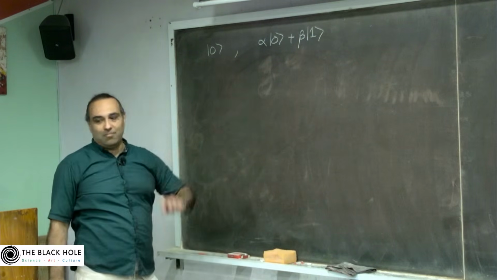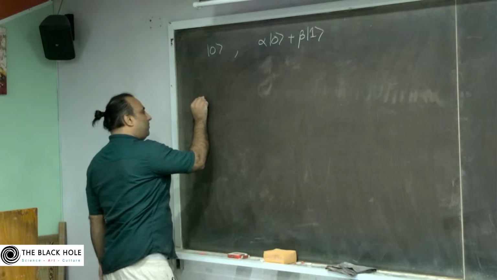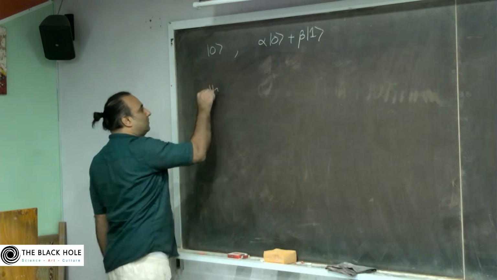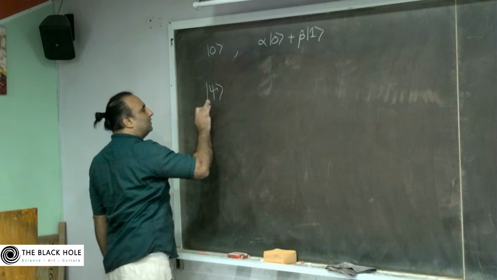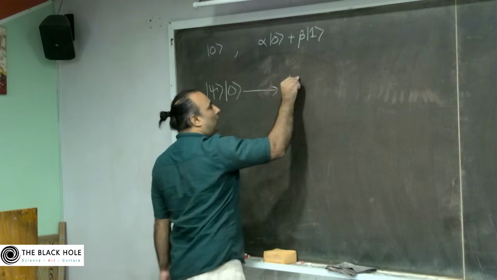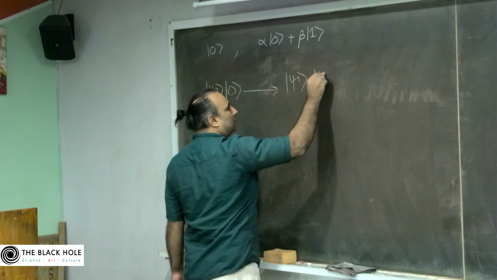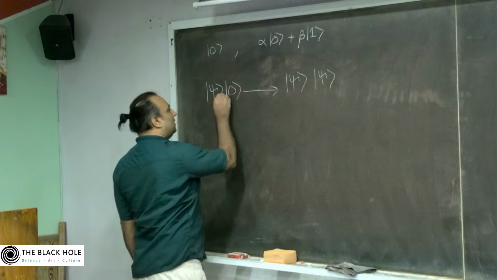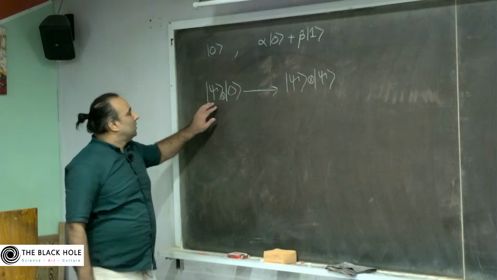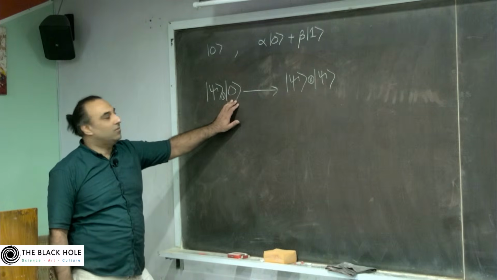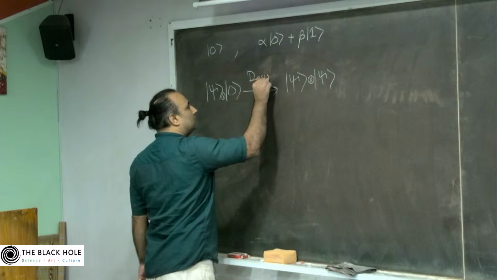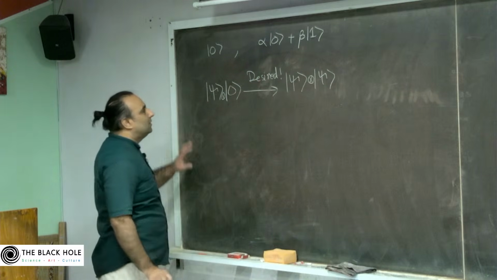Now let's try the same protocol. What we ideally like to get, with an unknown state like that, psi, is to start with this and obtain this. These are tensor products. This is what we desire. Can we do that?